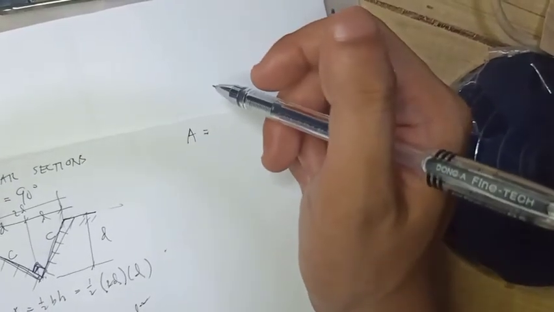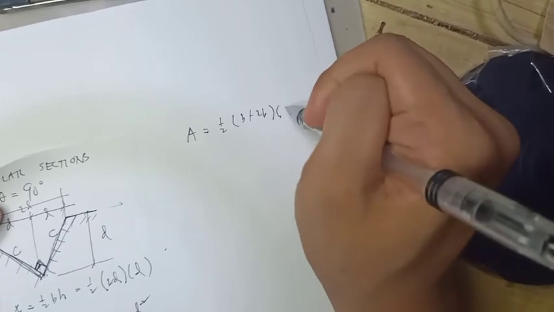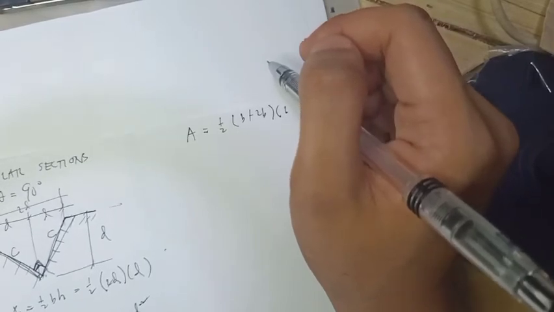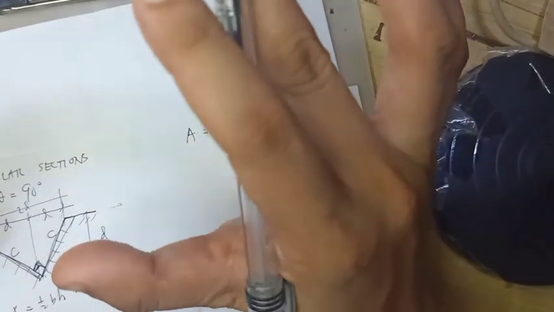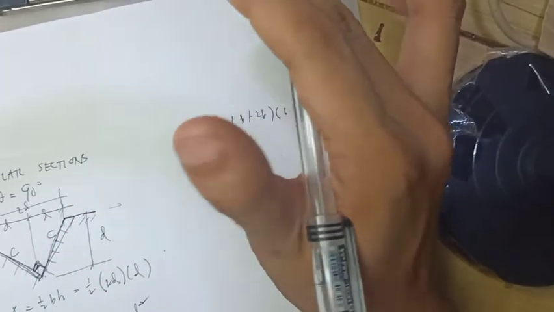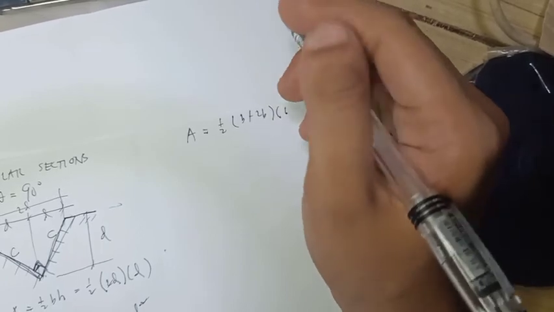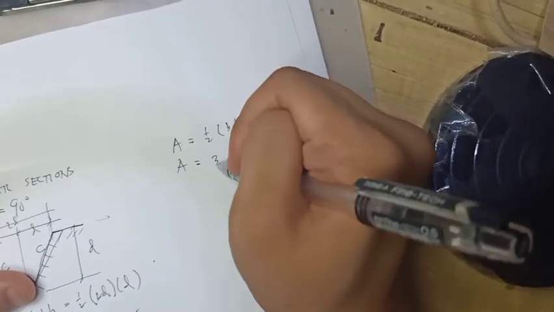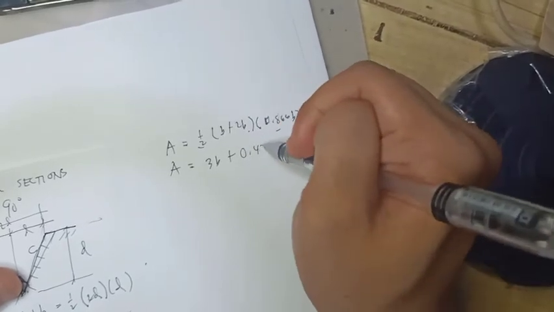No? So our A, or area ng ating trapezoidal section, it would be 1/2 times B plus 2B times 0.866 B. So therefore it would be 3B plus ito, it would be 4.433B.